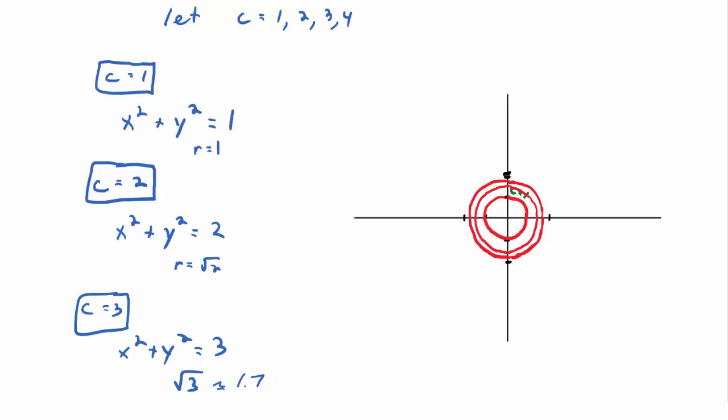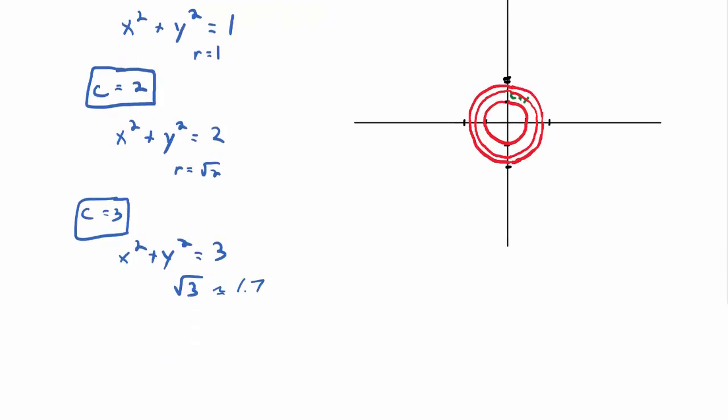And then finally, when c equals 4, you get the level curve x squared plus y squared is equal to 4. These are all called level curves or contour curves or contour lines even. What would the radius be in this situation? Center 0, 0, radius 2.